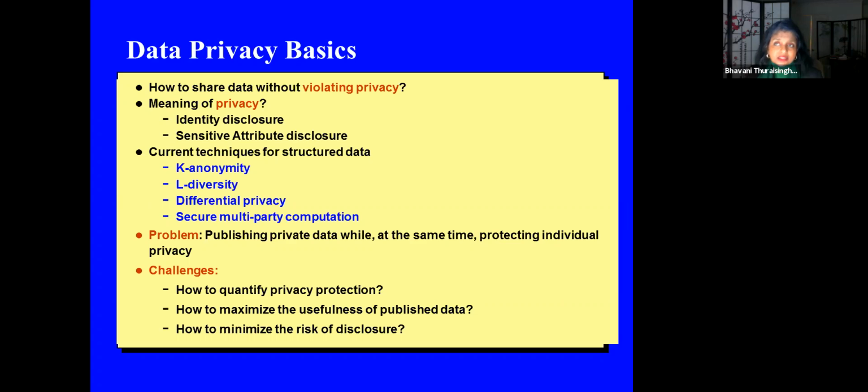It's not of much value. So there's always a trade-off between the cost of enforcing all this randomization, perturbation, masking, and the utility of the data. And what's the risk of disclosure? Because you don't want the private data to get into the wrong hands.